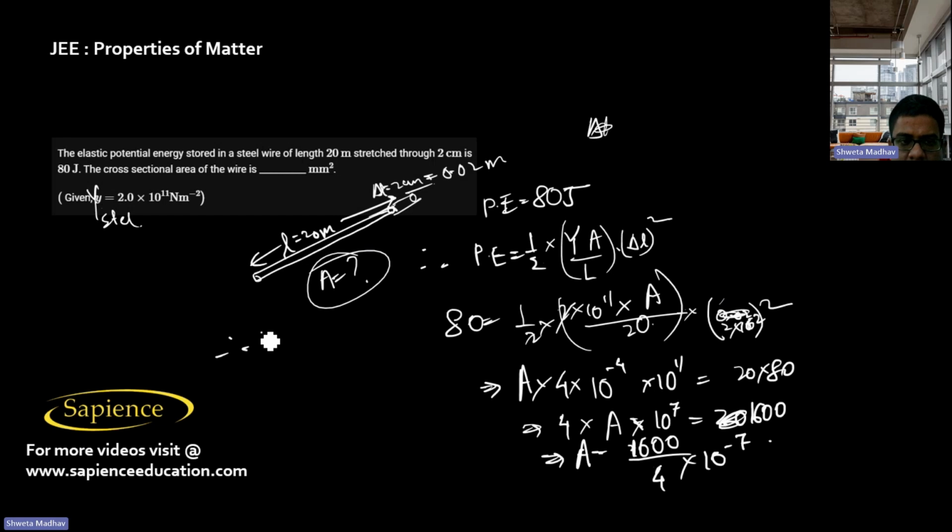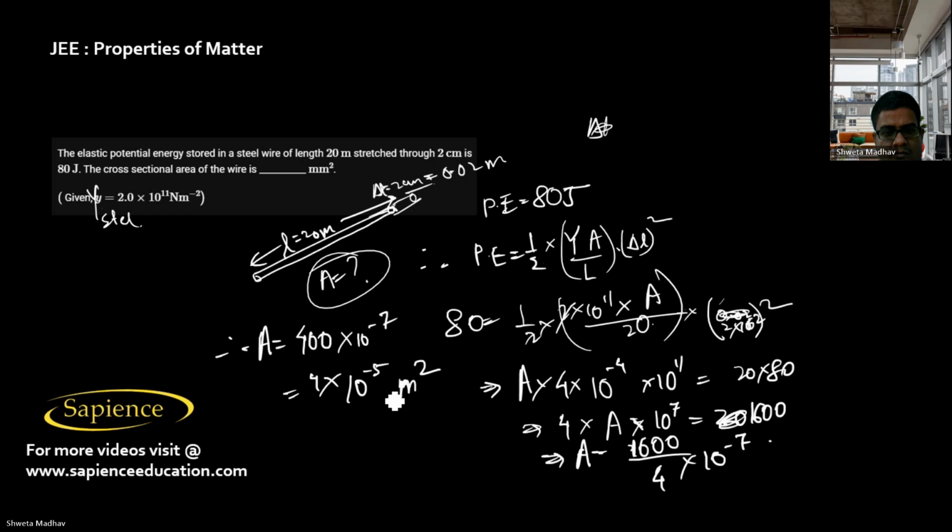So therefore the area of cross section of the wire is 400 into 10 power minus 7, that is 4 into 10 power minus 5 meter square. Now we have to find it in millimeter square.